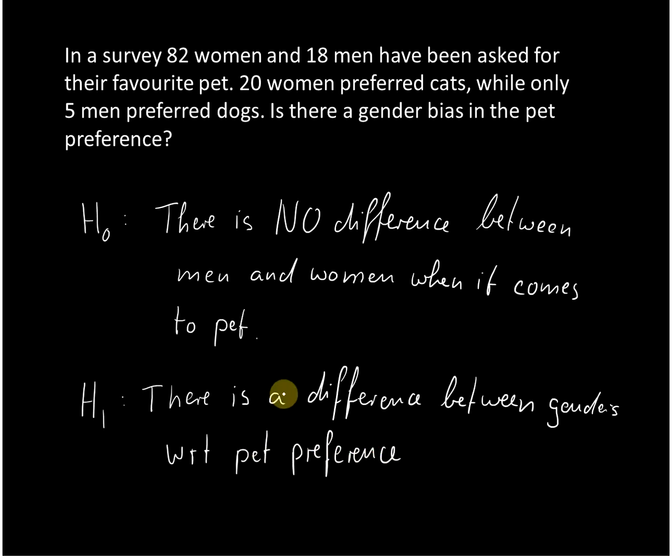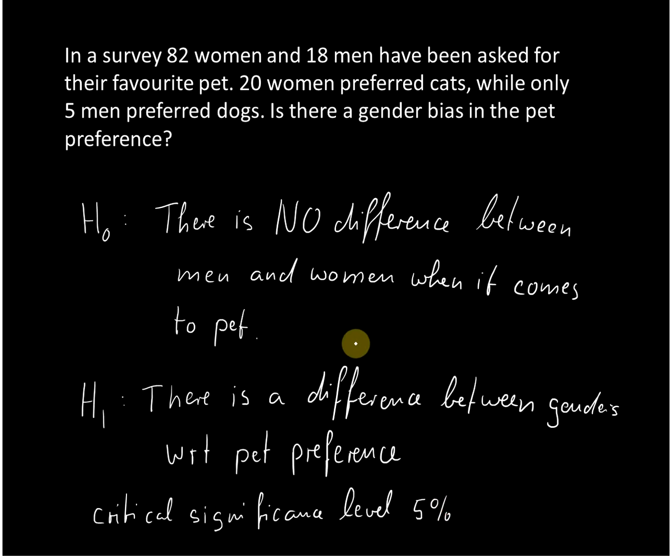Now we need to test which of these two hypotheses is true. And we usually do that at a critical significance level of 5%.